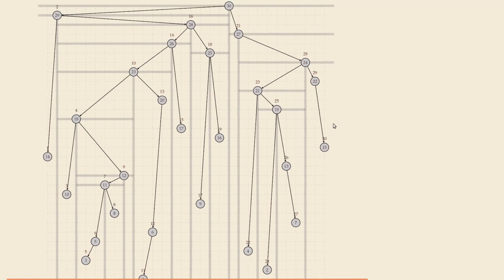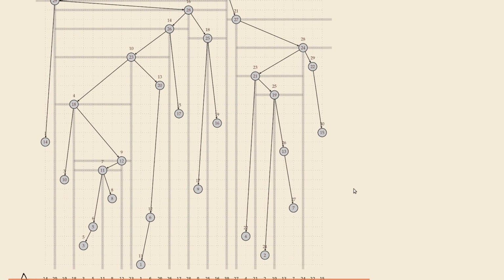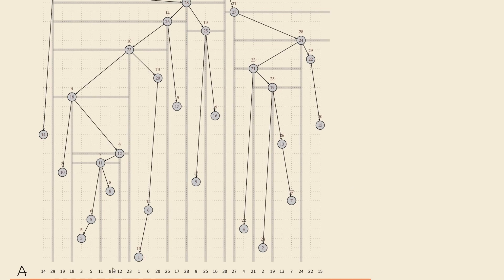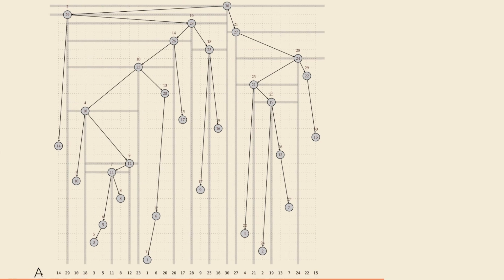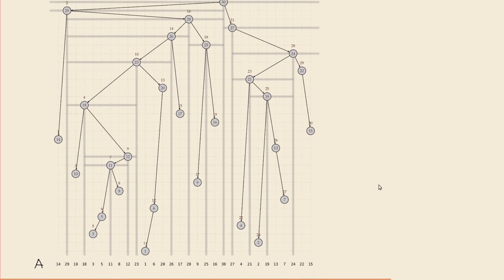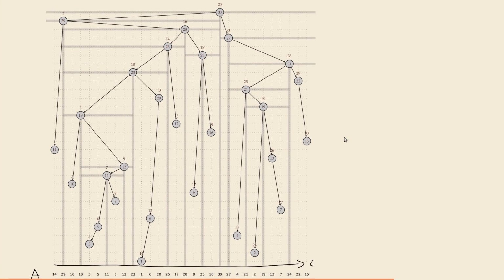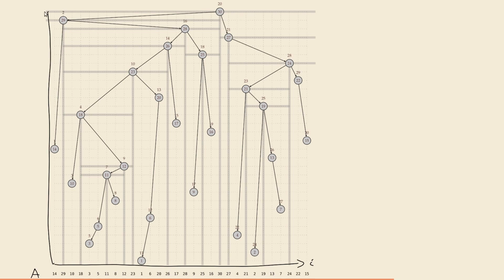Which means the nodes are just drawn using the index in the array as x coordinate and the value of the array as y coordinate. So it's a plot of these 2D points, where this is i, the index in the array, and this is A of i, the value at this position.